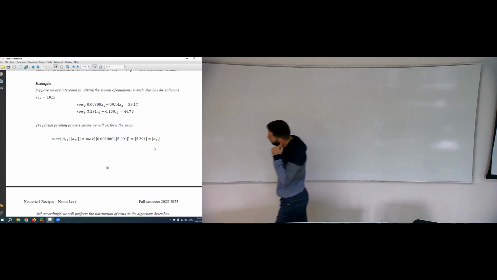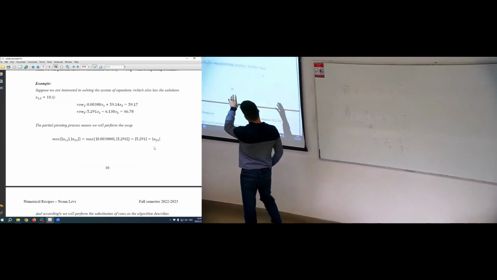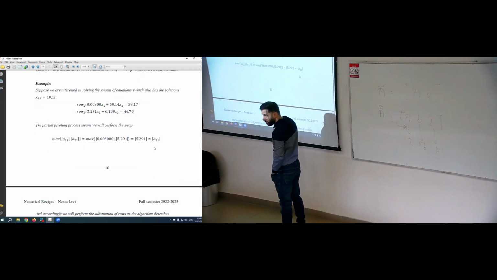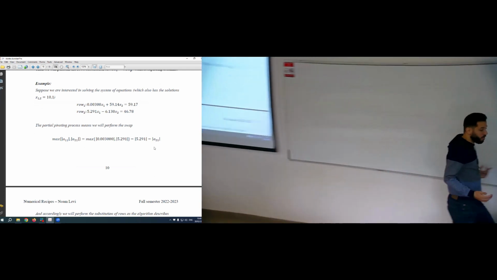So here's a simple example of that. We have these two equations, and as you see, A11 is small, A21 is big, so I swap these two rows, and now my new first row is this, and my new second row is this.